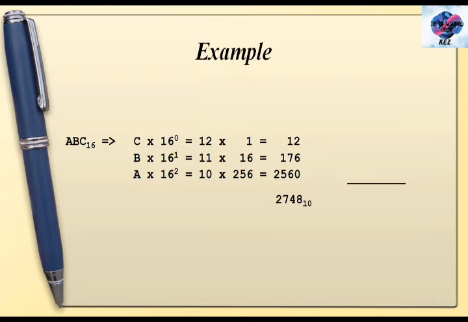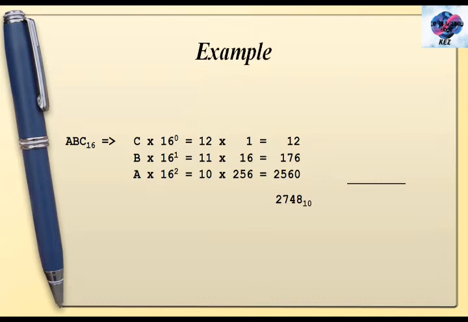Then B. B means 11, into 16 to the power 1. A means 10, into 16 to the power 2. Now you will get this result: 12 into 1, 11 into 16, 10 into 256, and you get the sum of them and you will be able to get the total number.